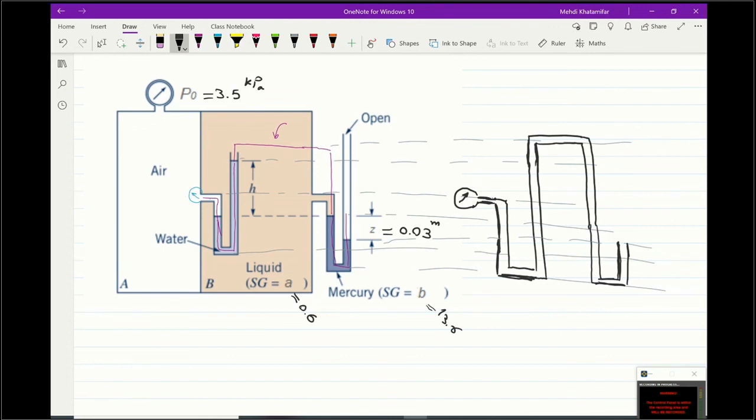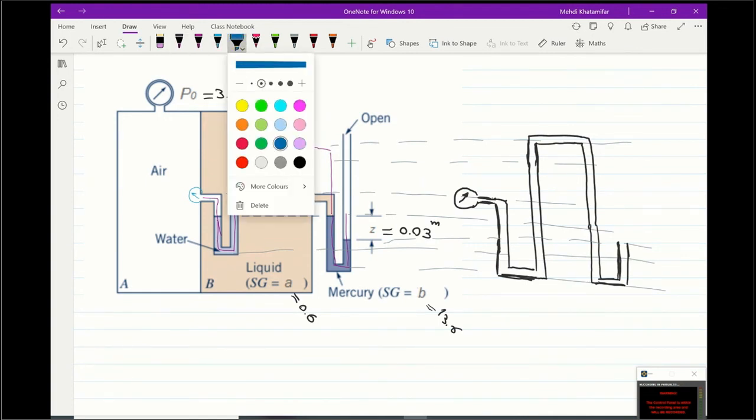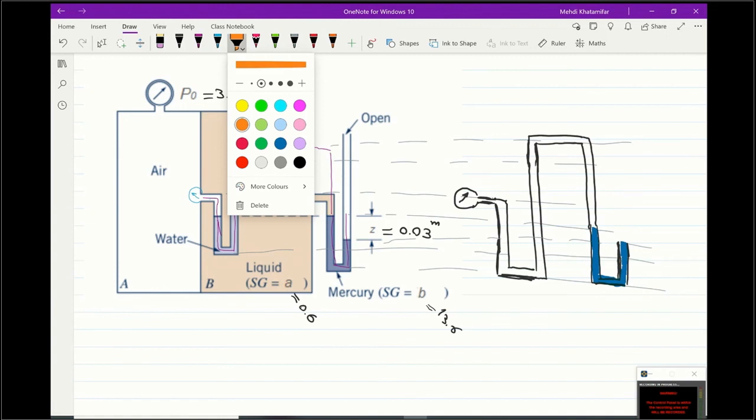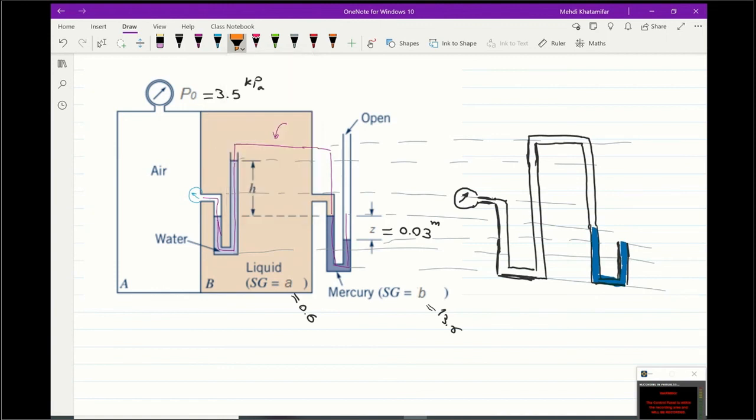So let's color it. Mercury is dark blue, so let's go with dark blue here. Dark blue for mercury, and orangish for that liquid up to this level. The rest is going to be water and air.